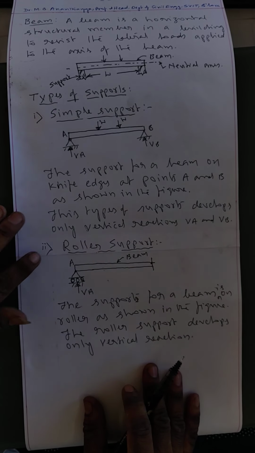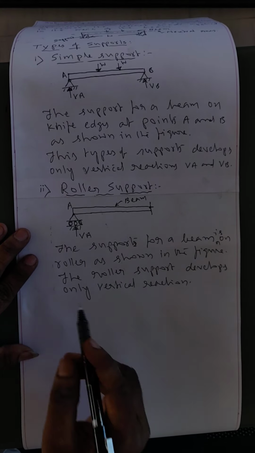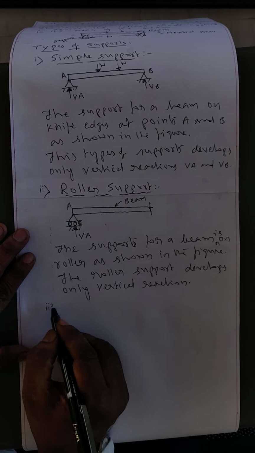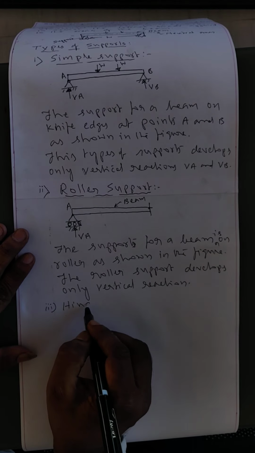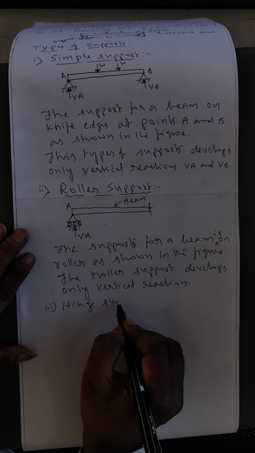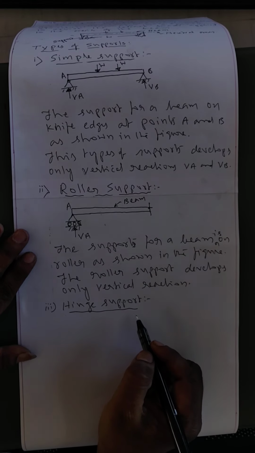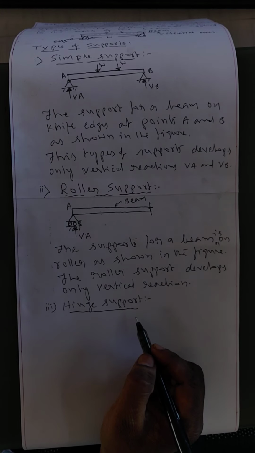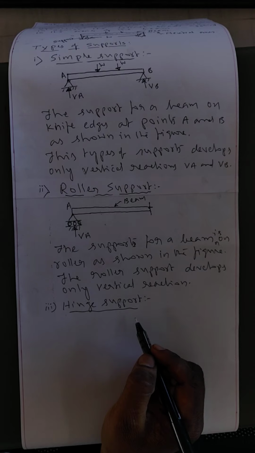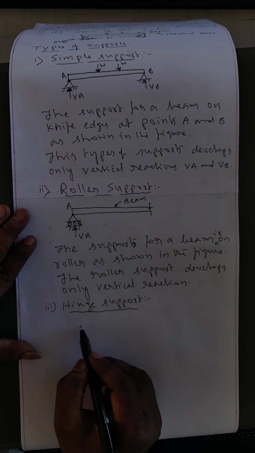Next, the third type is hinge support, H-I-N-G-E, hinge support. Then what is hinge support? The hinge or pin support is one which resists both vertical and horizontal forces. See, I will draw a figure here.